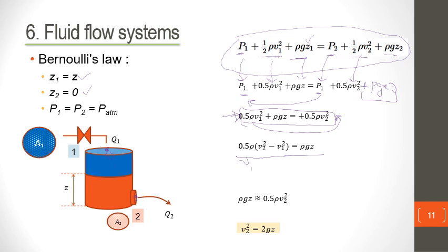So V1 is going to be very small. But V2 here, because this is constricted, is going to be big.